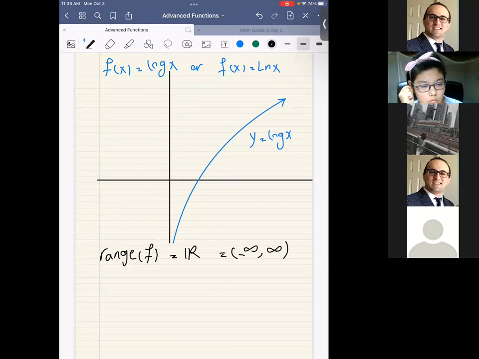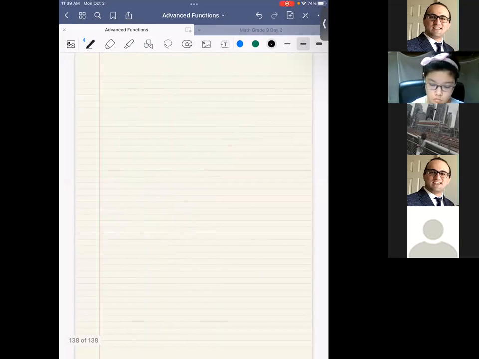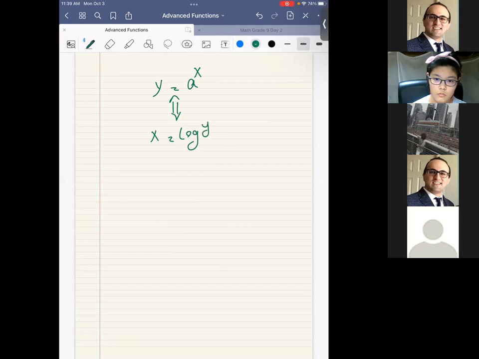Okay, guys? Now let me tell you something about the inverse in general. This is a very important thing. If y is equal to a to the power x, that's equivalent to saying that x is equal to log of y with base a.